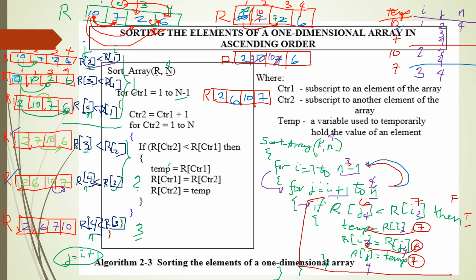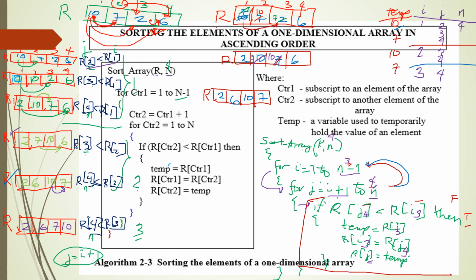If R sub j is less than R sub I. Okay, what's the value of j and I? So, I is 3. Palitan na natin lahat ng I, para hindi malito. At lahat ng j ng 4.